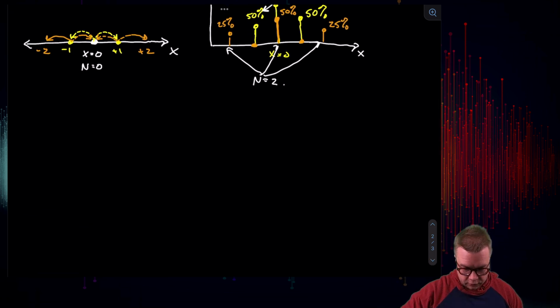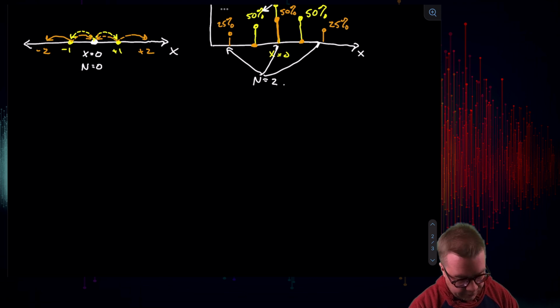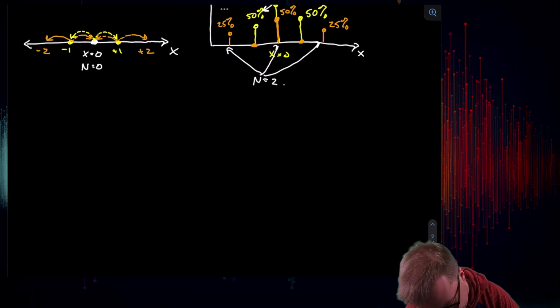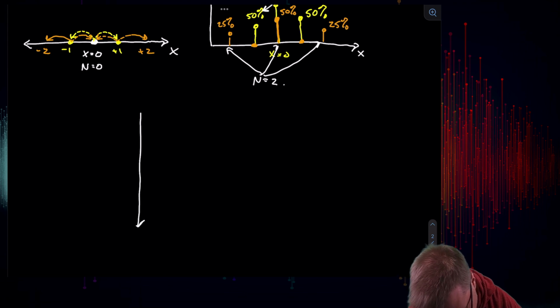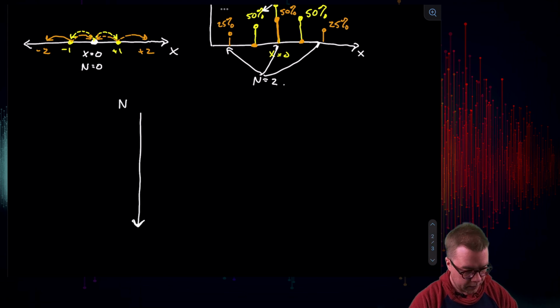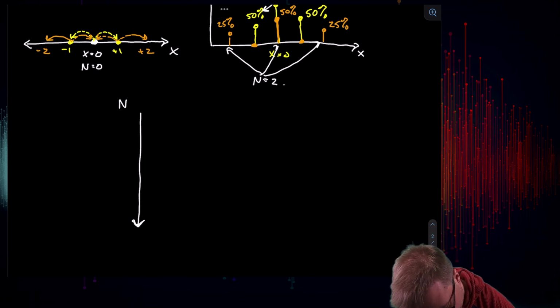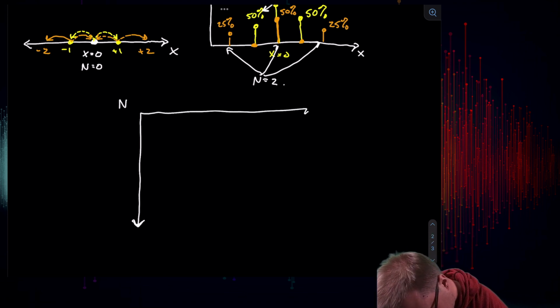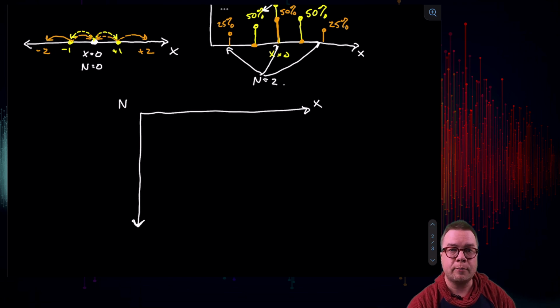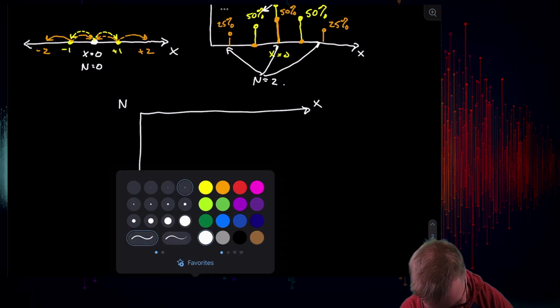Okay, so let's draw this again. If we think about the number of different ways that we can get to the points, this is what I showed last time. If we plot on this axis the number of steps that we've taken, and on this axis we plot where that person ends up, then we get the following.